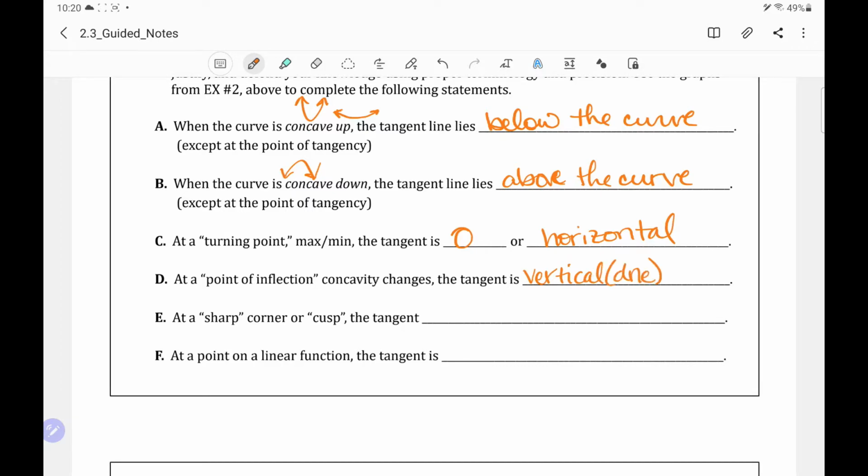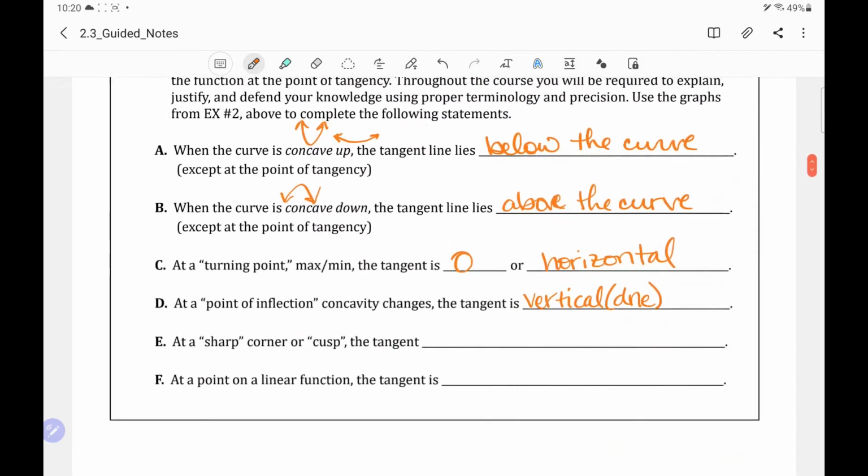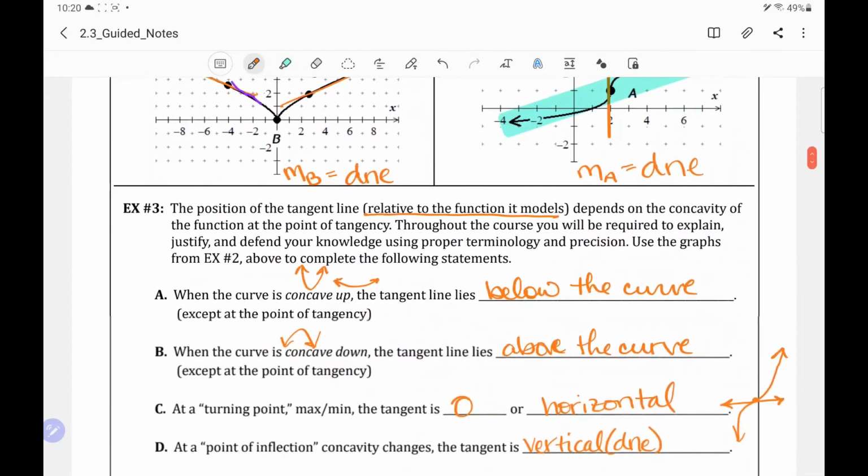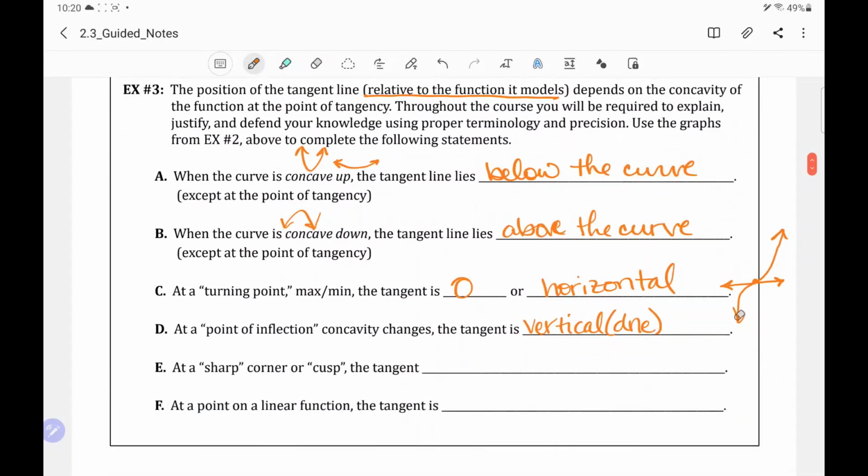But in these graphs, we don't have an example, but think about a cubic function that goes like up and then it curves like this. Isn't it possible that at this point of inflection, our tangent line would be 0, right? So there's no example that we have here, but it is possible in a few situations where you could have a horizontal, okay?